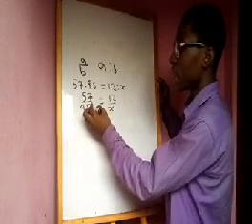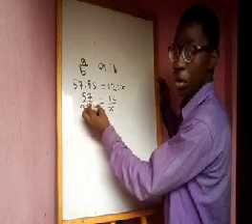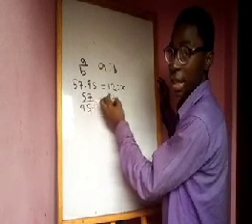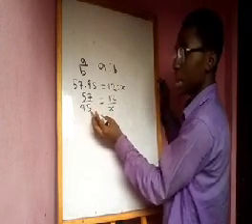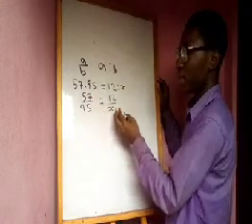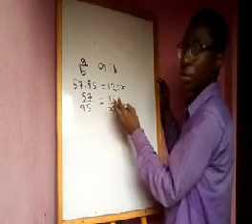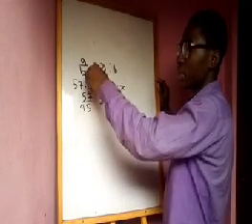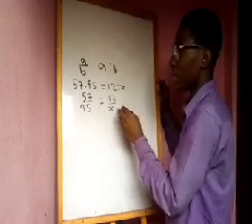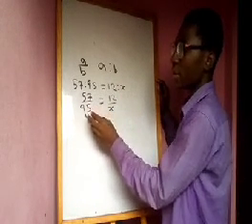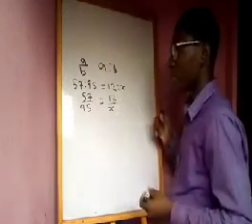You multiply the terms that are diagonally facing each other. The top left is multiplied by the bottom right, and the bottom left is multiplied by the top right. So that is how you cross multiply.